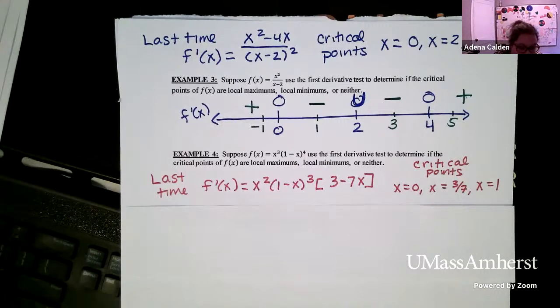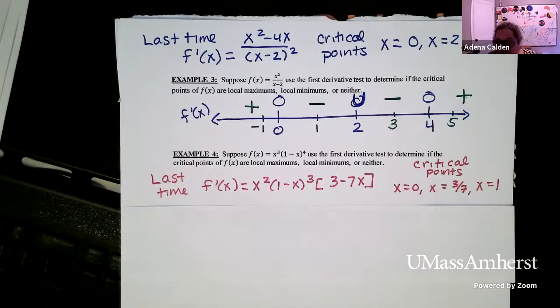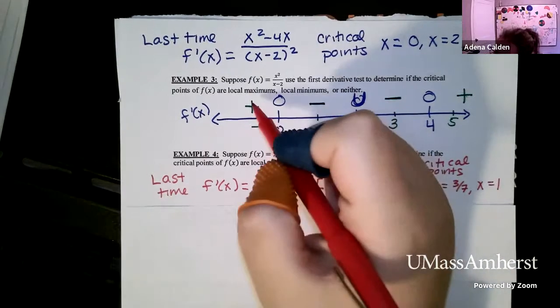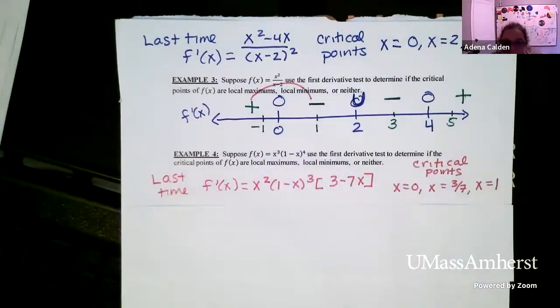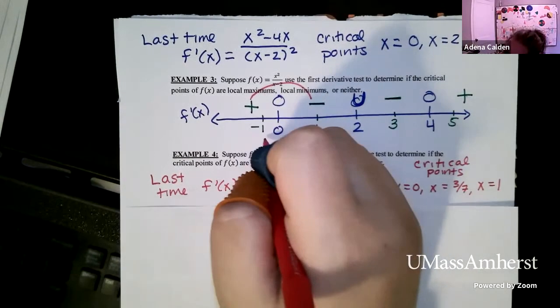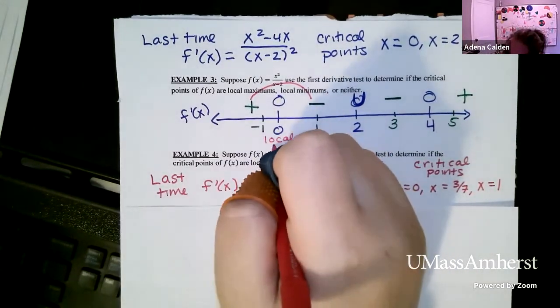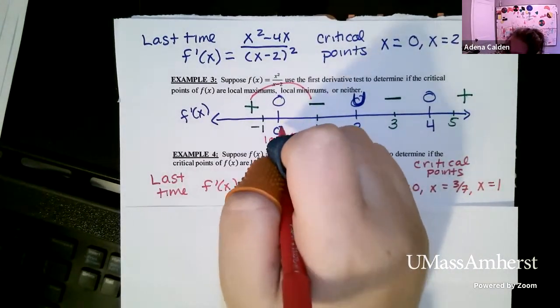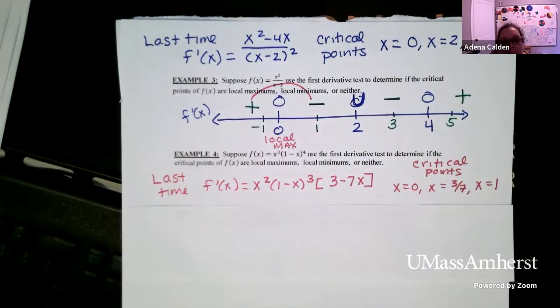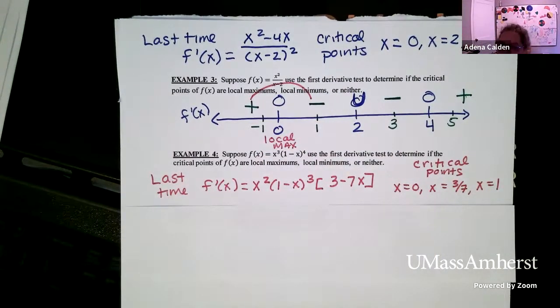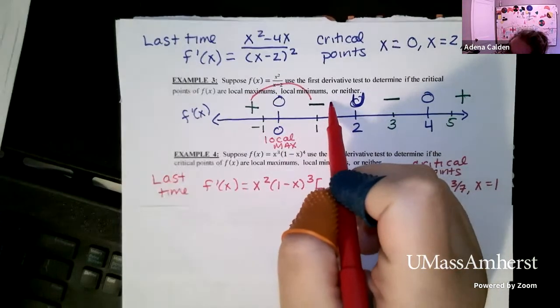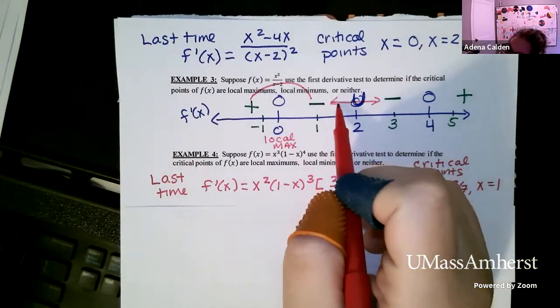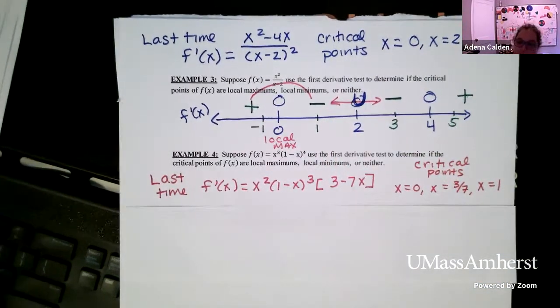Okay. So when my interval changes from positive to negative, that gives me a local maximum. So my critical point of 0 is a local maximum. Okay. Here, I have negative to negative. That did not change.